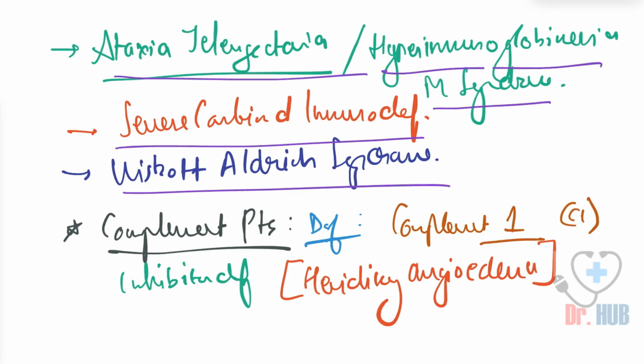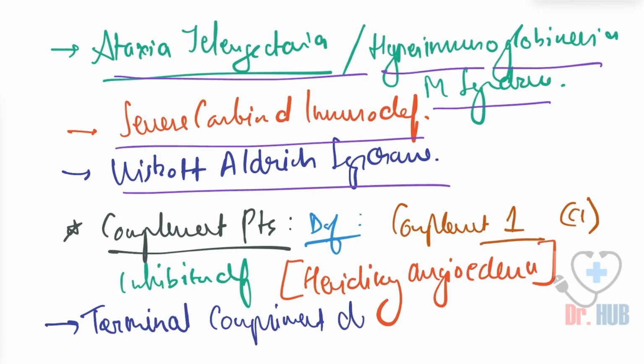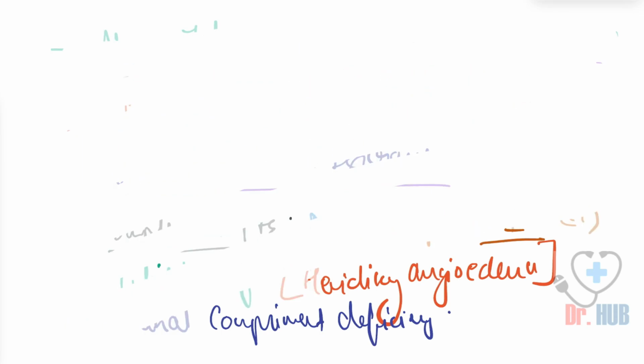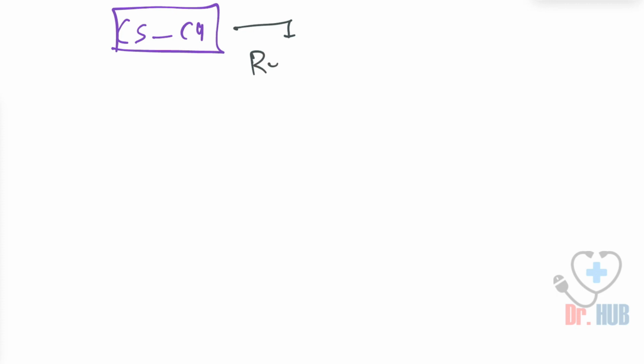Then we also look at the terminal complement deficiency. What does the terminal component deficiency deal with? It is C5 to C9, and this includes the recurrent Neisseria infections.